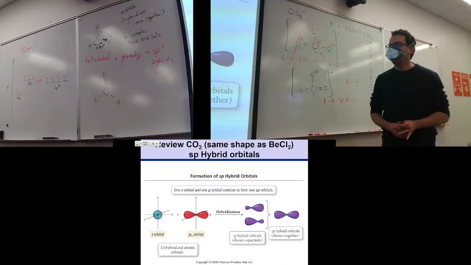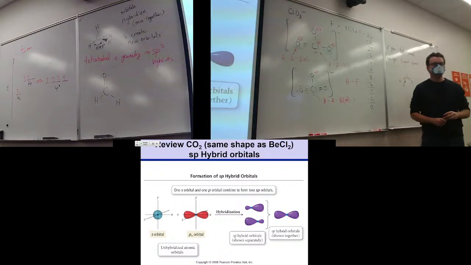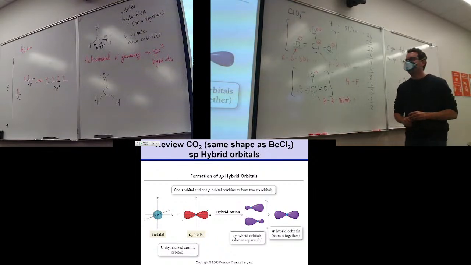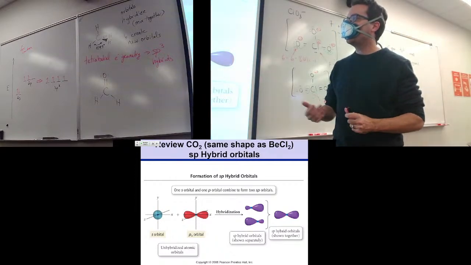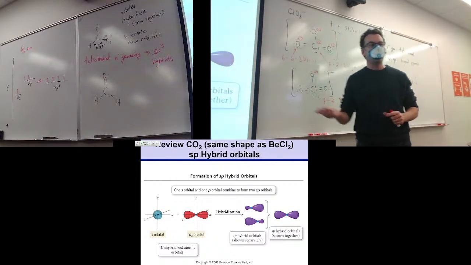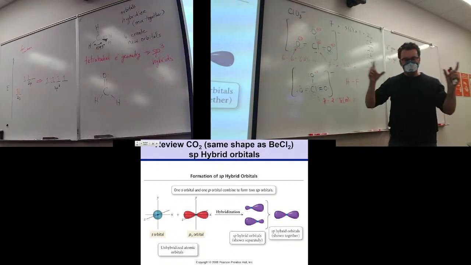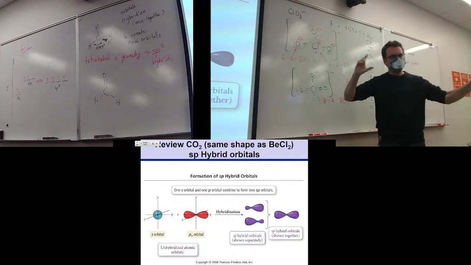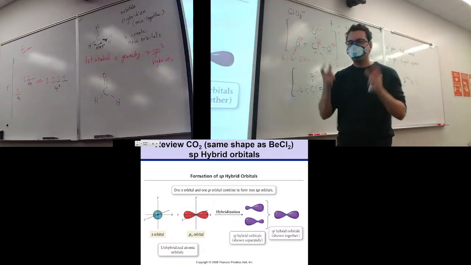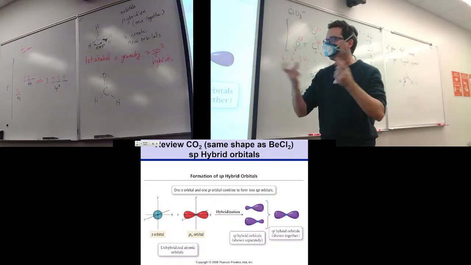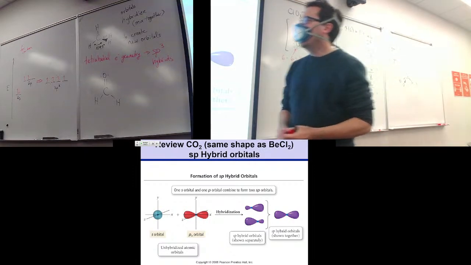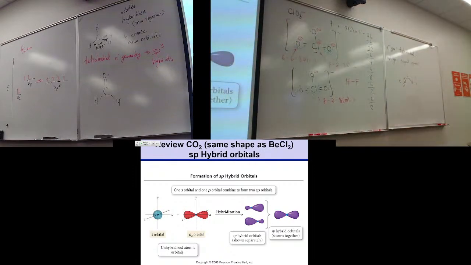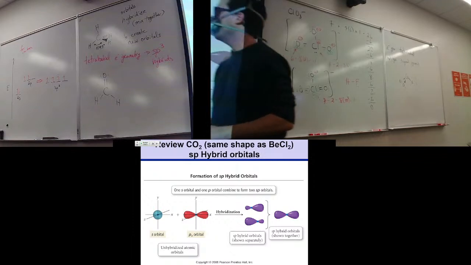We can keep going down the line. There's sp hybridization too. You might think it's not as necessary, but it is. With sp hybridization, this is what you get when you have a linear shape. Linear meaning something in the middle and one thing on either side. All right, not just a single 2-atom bond, but like a 3-atom bond. So sp, it's just the s and just one of the p orbitals mixed together.